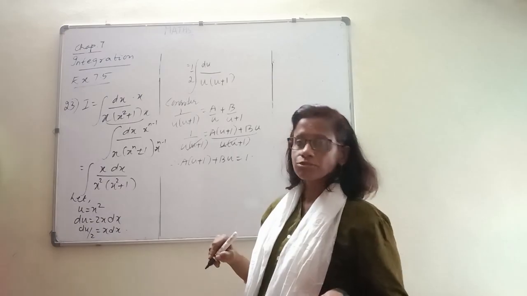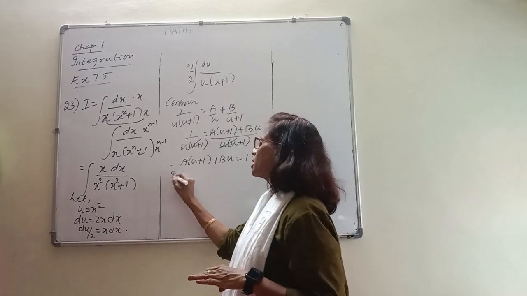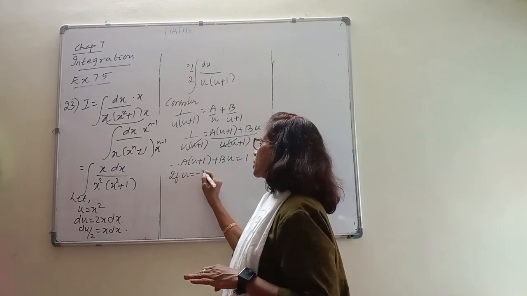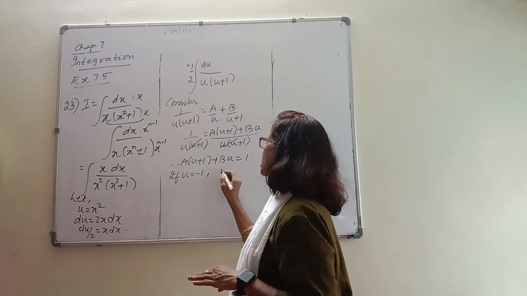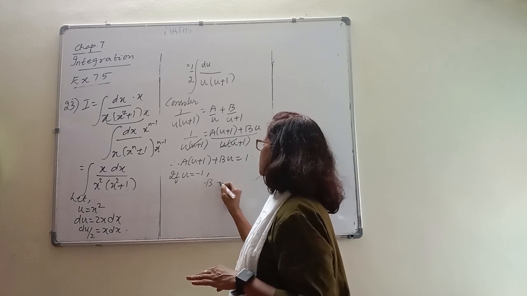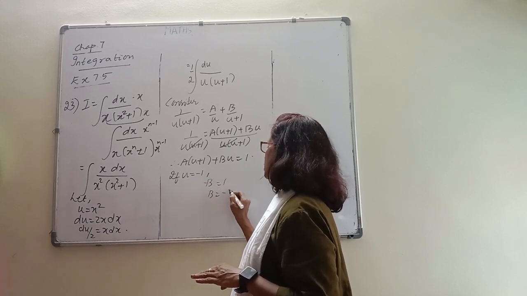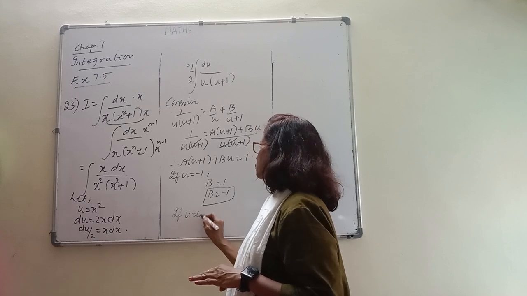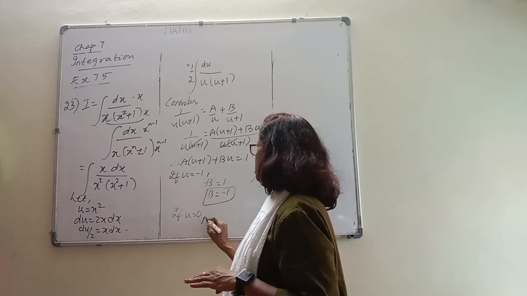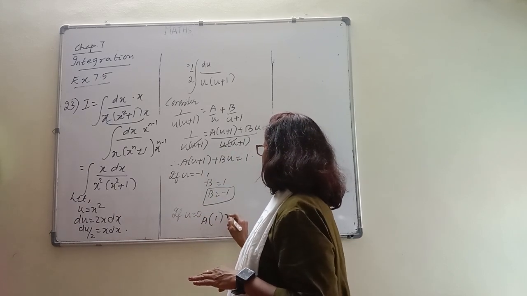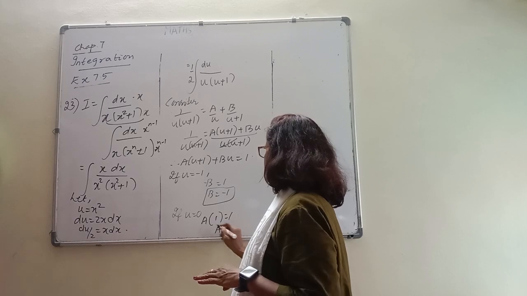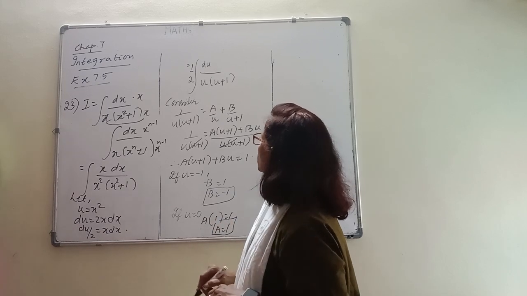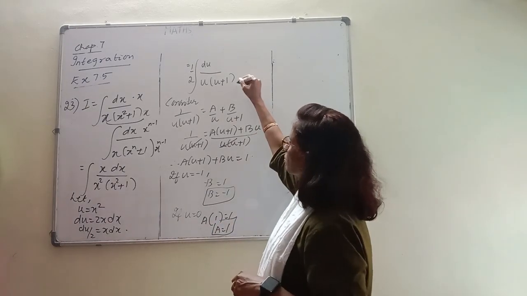We go in for substitution so that you can get the values of A and B. First substitution of u as negative 1, so this vanishes. You get negative B as 1, B as negative 1. Then you can substitute u as 0. If u is 0, then this will vanish and you will have A times 1 as 1, which makes A value as 1.